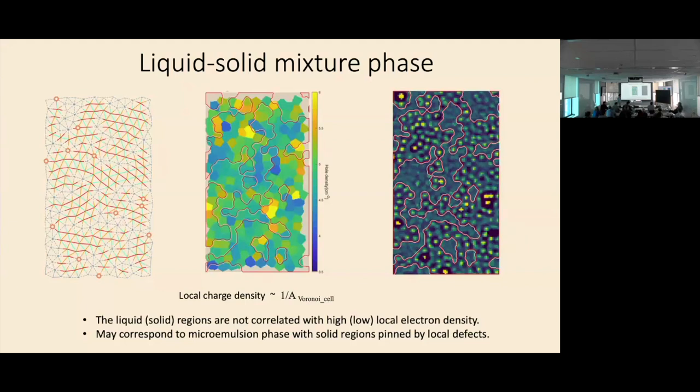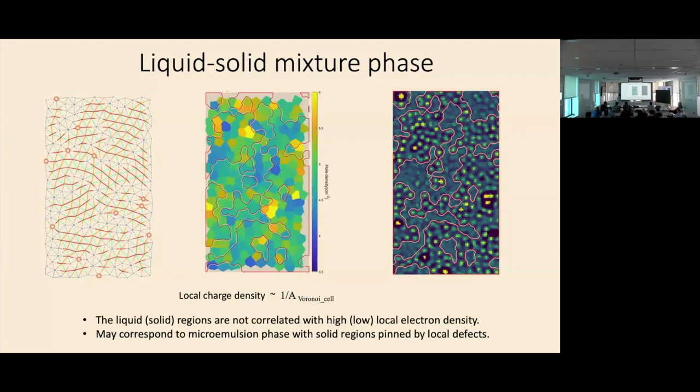My second question, which pertains both to this and to your array of one-dimensional wires, is whether you did Voronoi constructions and things like that. There are ways to assess how much long-range order you have by how many defects there are in the Wigner crystal, by drawing loops and counting angles and so on. Yeah, that's what we actually did. For the 1D arrays, they actually show pretty nice behavior.